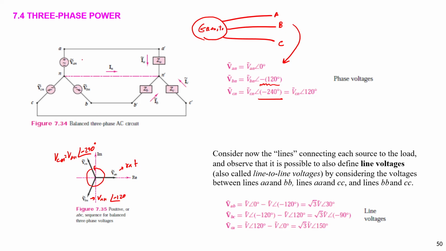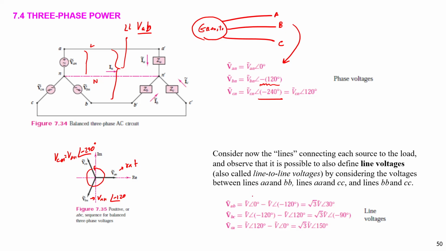Yeah. And we have the voltage between the line and neutral, we call VAN, VBN, VCN. And the voltage between line and line, we call line-to-line voltage, VAB.